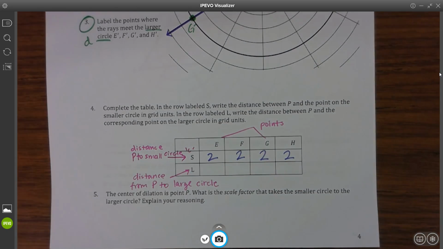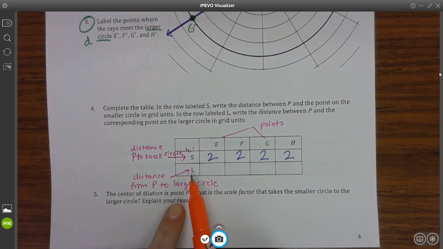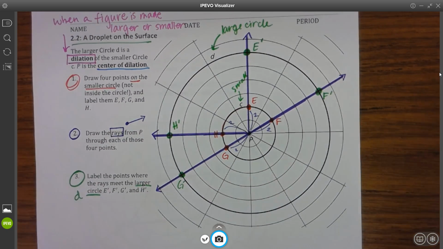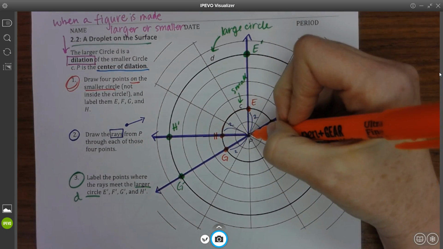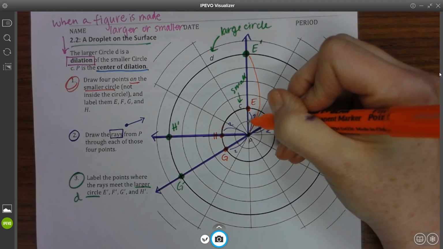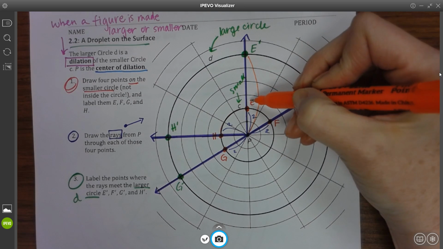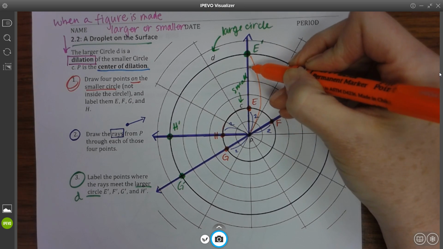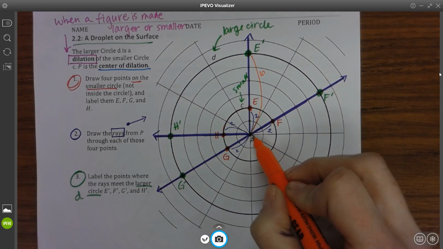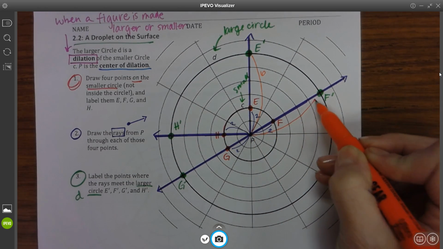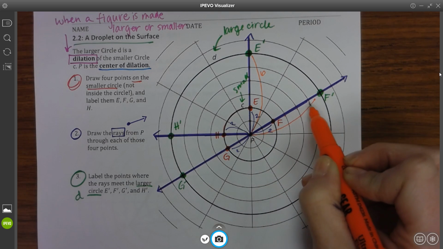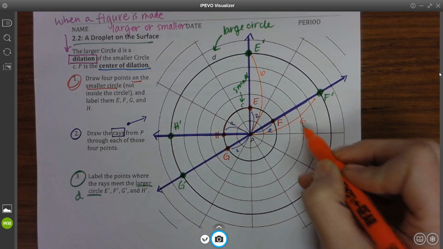Now let's look at the distance from P to the large circle. So this one, we're going to go from P to the large circle. So for E, from P to the large circle, we went 1, 2, 3, 4, 5, 6.